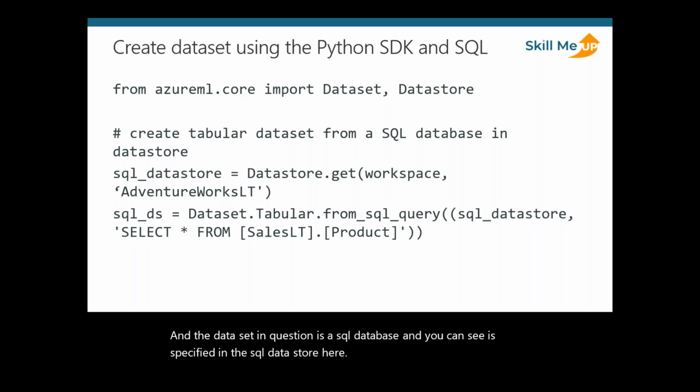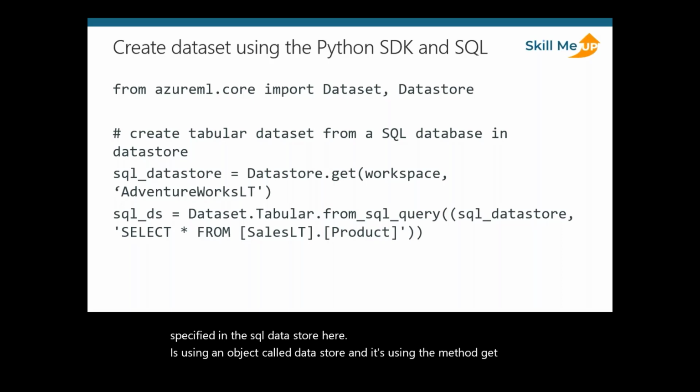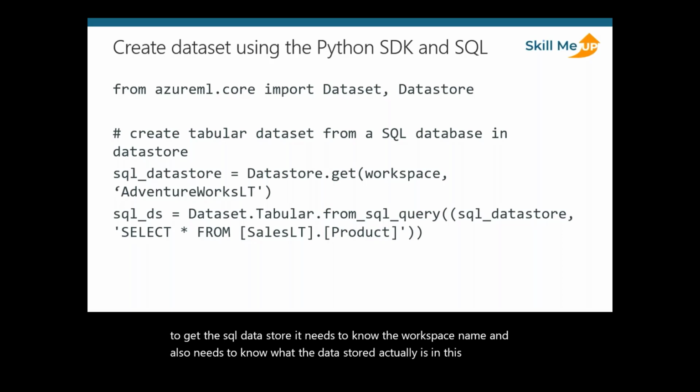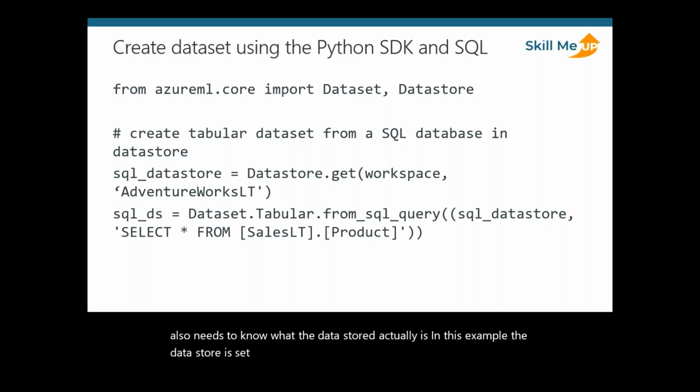It's using an object called datastore, and it's using the method get. And to get the SQL data store, it needs to know the workspace name, and it also needs to know what the data store actually is. In this example, the data store is set to AdventureWorks LT, which is one of Microsoft's sample databases.